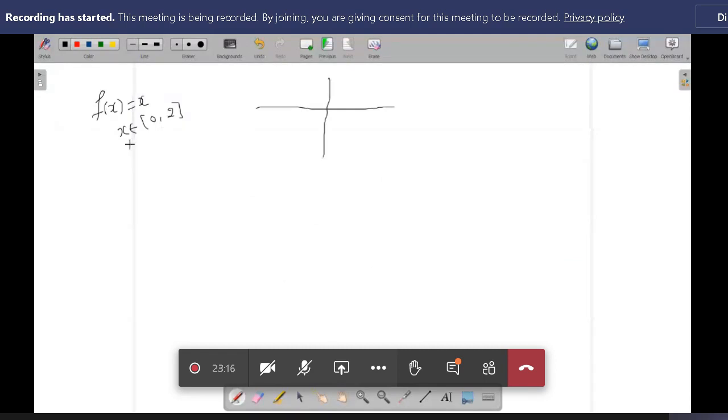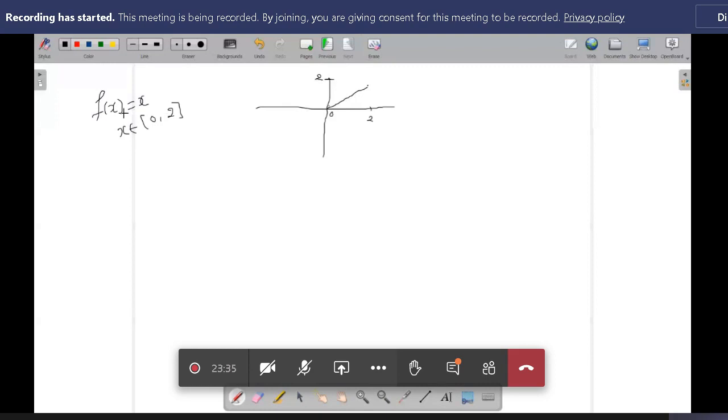So we can have a straight line in the xy axis with the origin 0, 0 and 2, 2 at the end points.